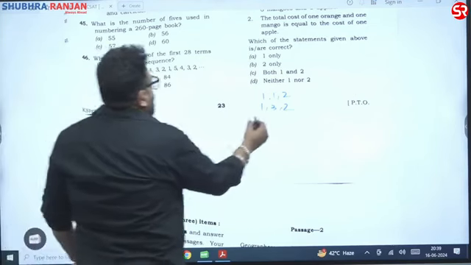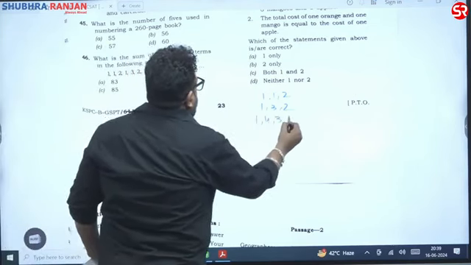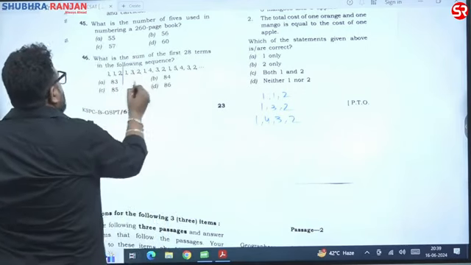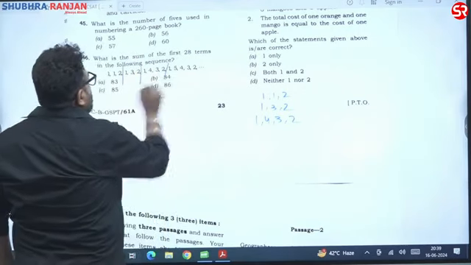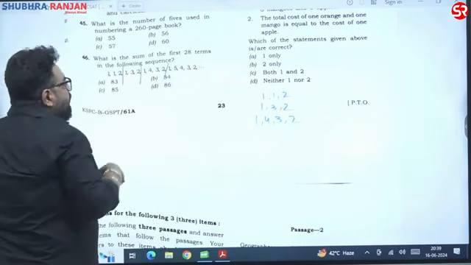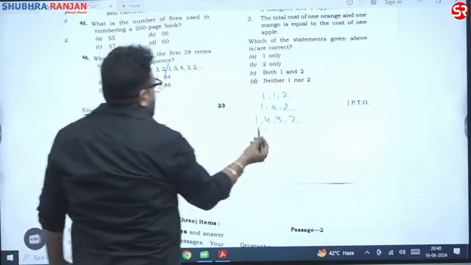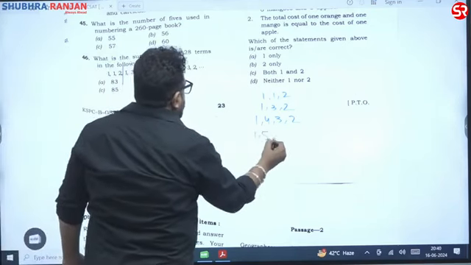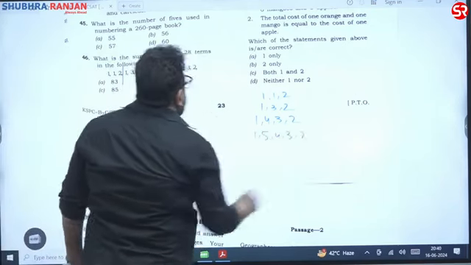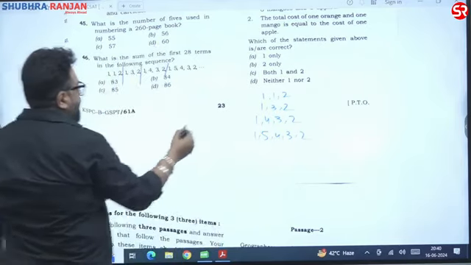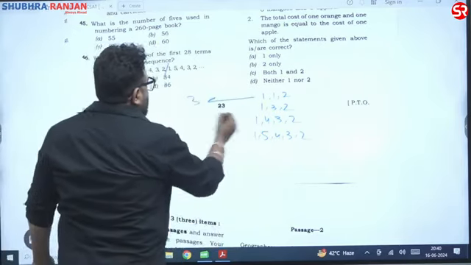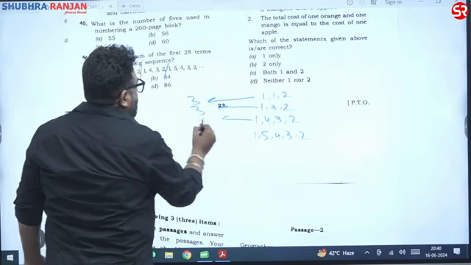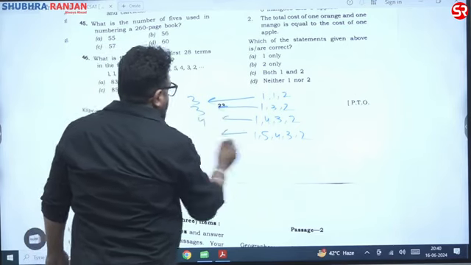Then 1 4 3 2. So it is actually 1 1 2 1 3 2 1 4 3 2. So you see, ending with 1, starting with 1, ending with 2. 1 5 4 3 2. So this is 3 terms, this is 3 more, this is 4, and this is 5.